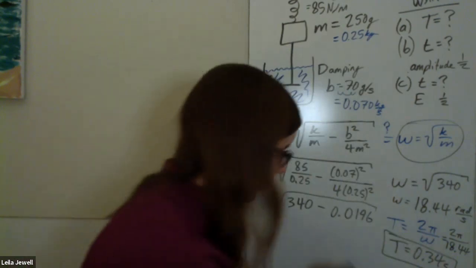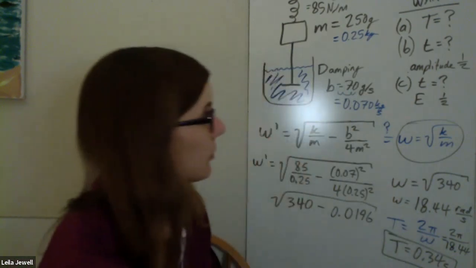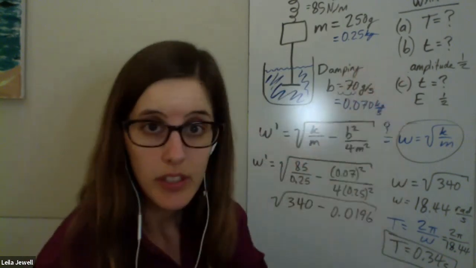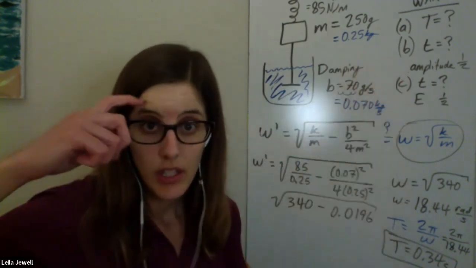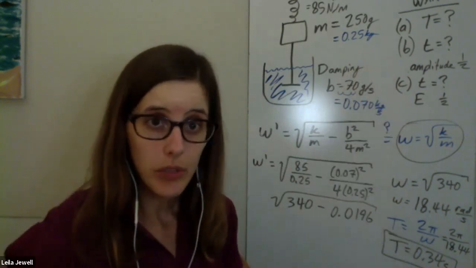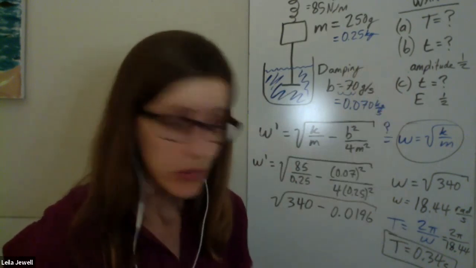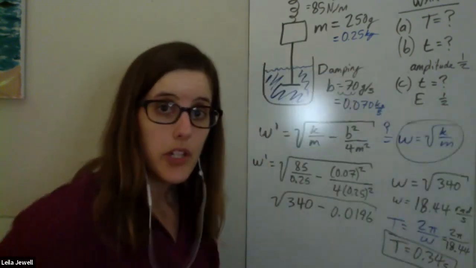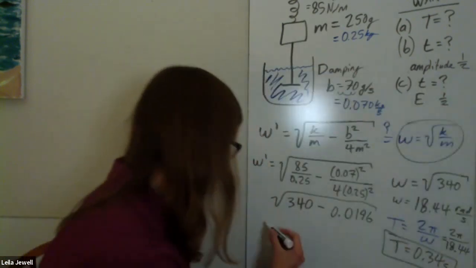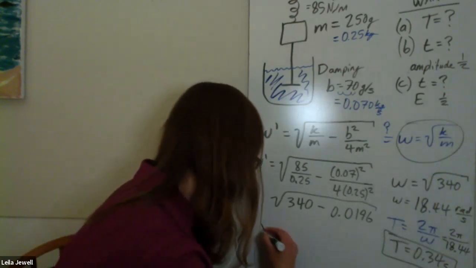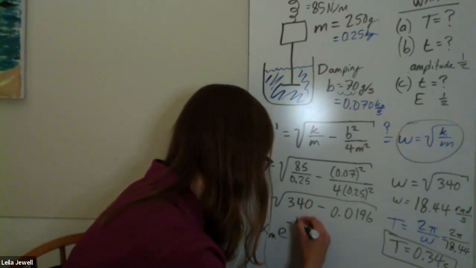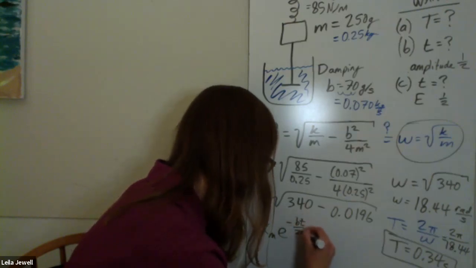Sweet. Now, what about parts B and C, where we find the amplitude is half as much or the energy is half as much? Well, for this, we're going to need to think about our amplitude equations. So our amplitude equation is going to become xm times the exponential e to the negative bt over 2m.